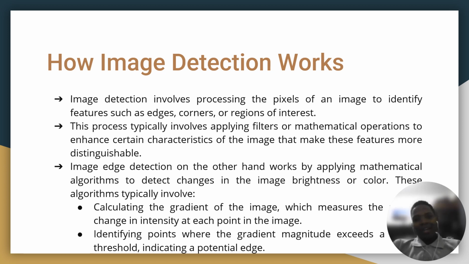So how does edge detection actually work? Edge detection, first of all, involves processing the pixels of an image to identify features such as edges, corners, or regions of interest. This process typically involves applying filters or mathematical operations to enhance certain characteristics of an image so that these make the features more distinguishable.